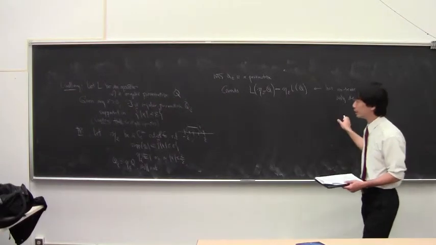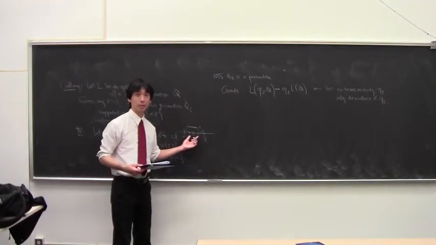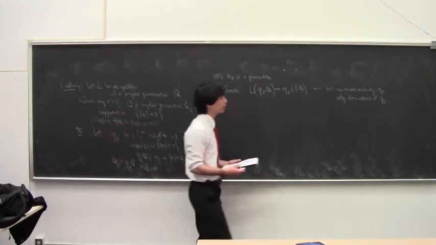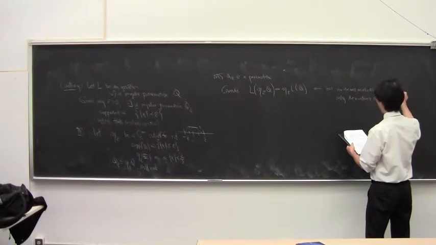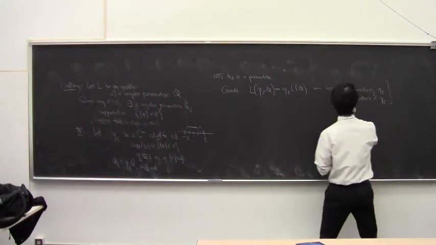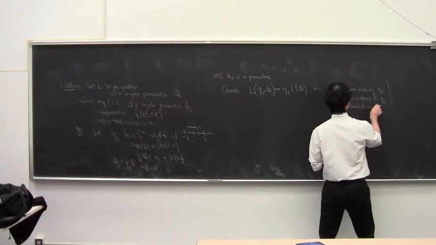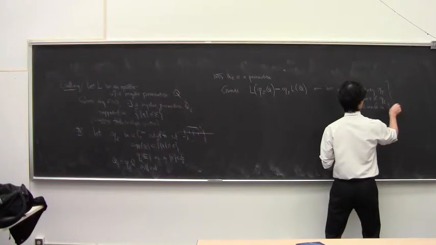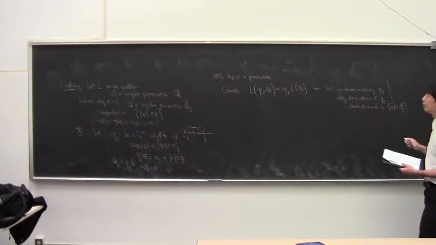But you notice that the derivatives of eta sub epsilon all vanish in the epsilon over 2 ball.